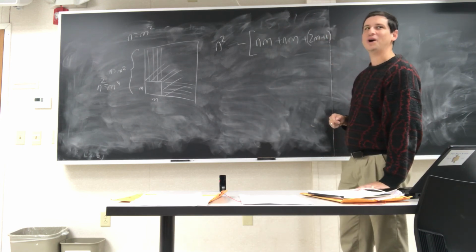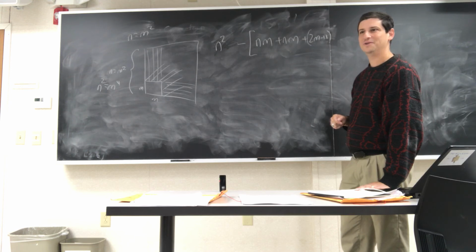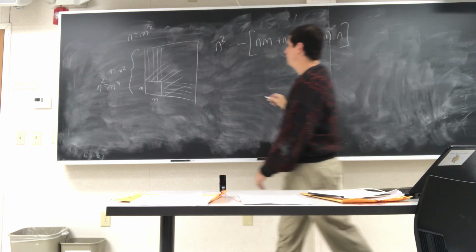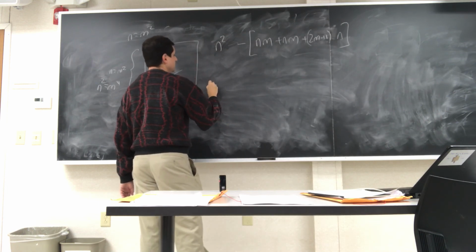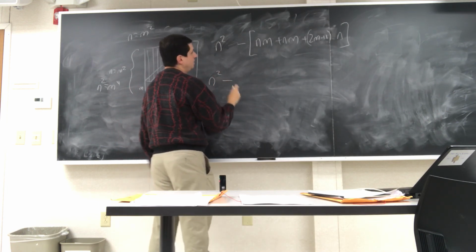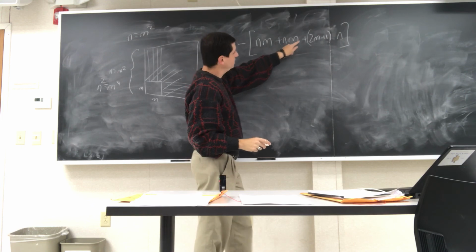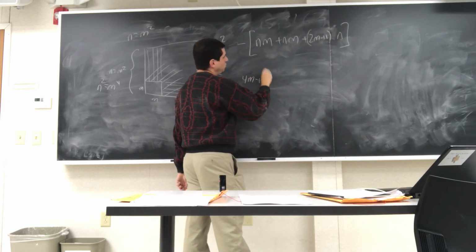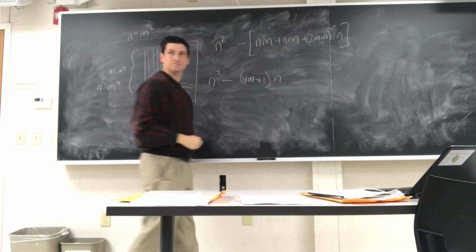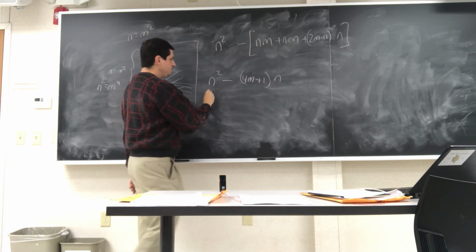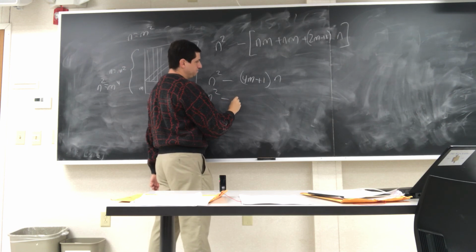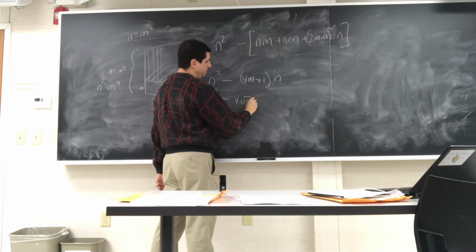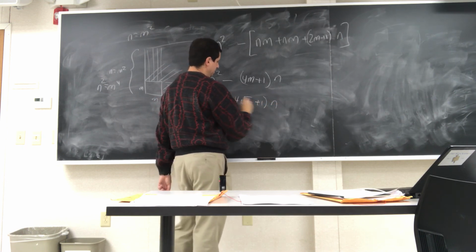How many elements do I have on each diagonal, upper bound? N. Right? Let's just be crude. So now this is going to be n squared minus, I've got 2m plus 2m plus 1, so it's going to be 4m plus 1 times n. So this is going to be n squared minus 4 square root of n plus 1 times n.